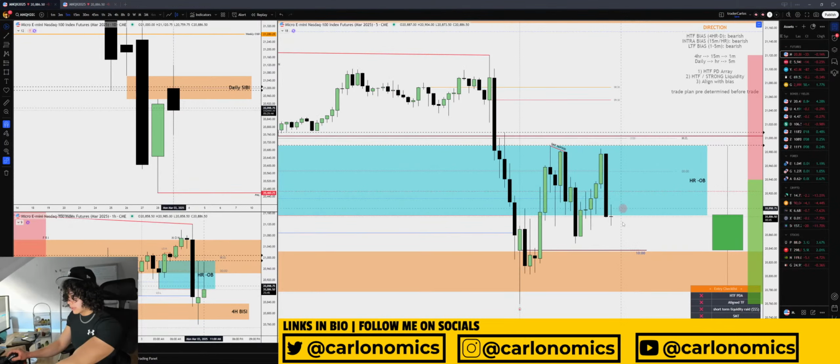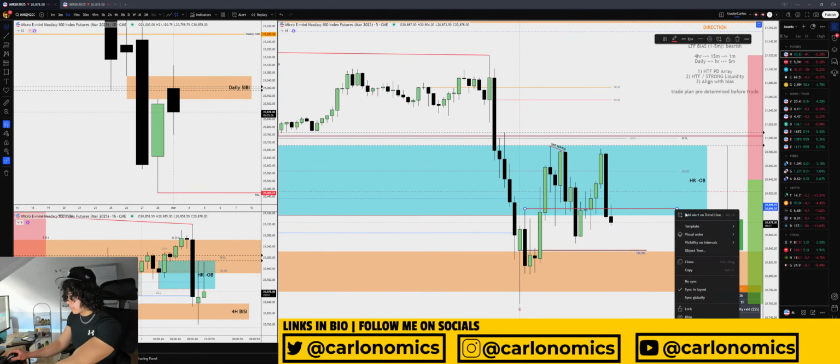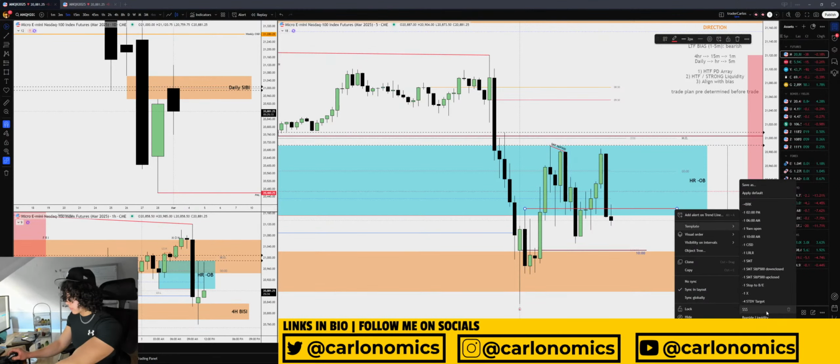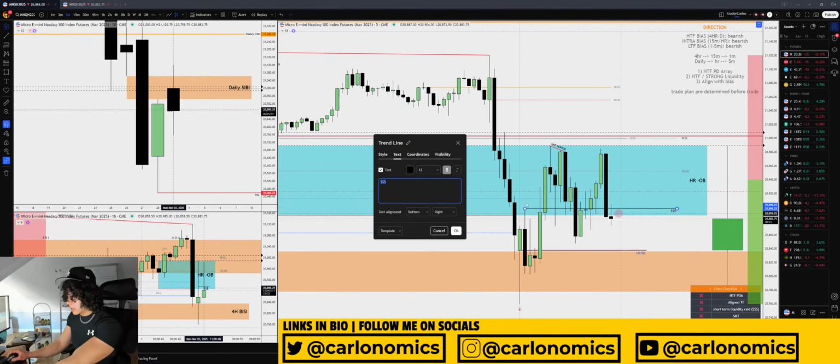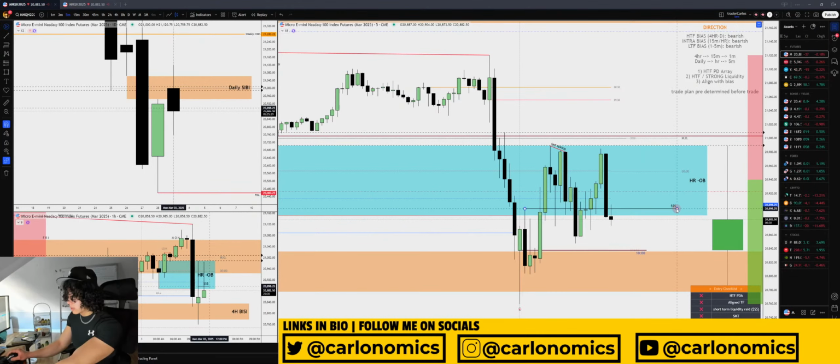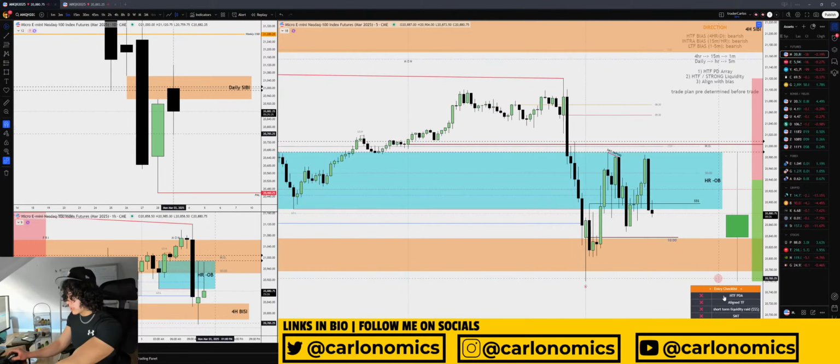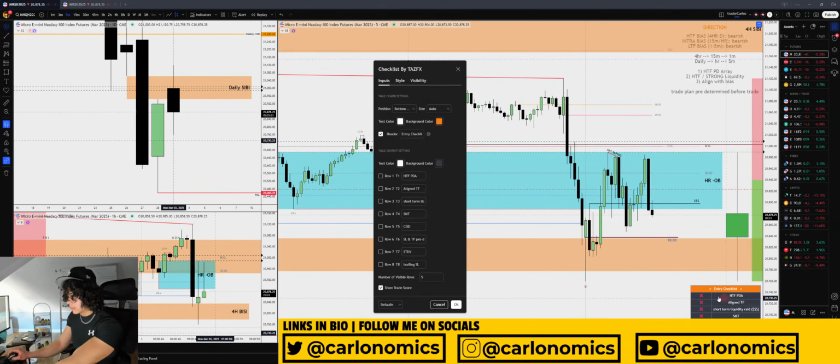After that, we had this swing point high right here that ran into the hourly OB. So this was the liquidity that we ran. So we had that short-term liquidity run, the SMTs at the highs.